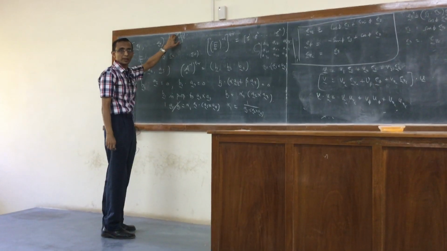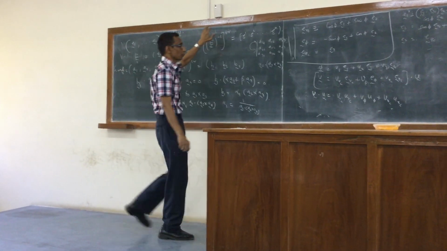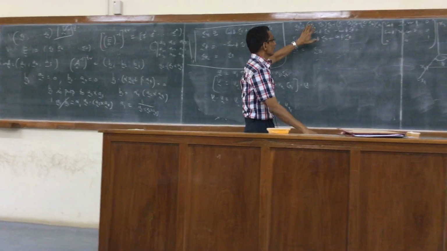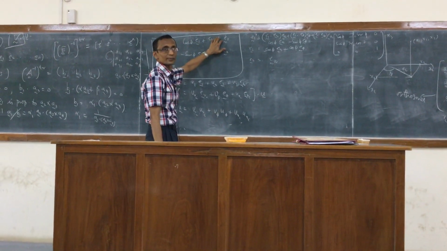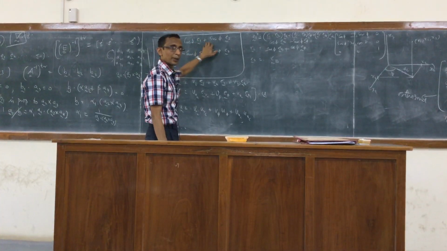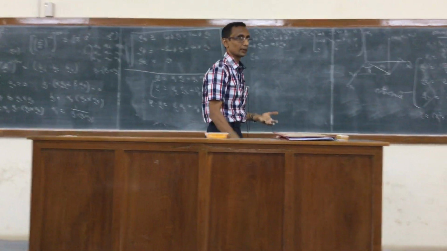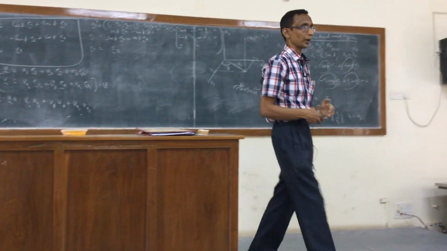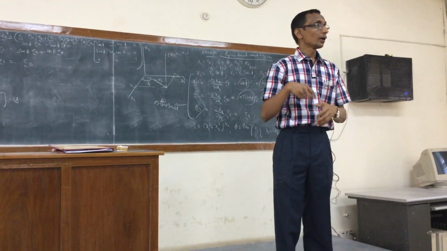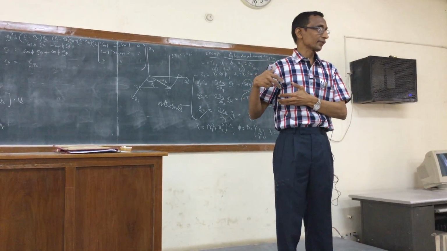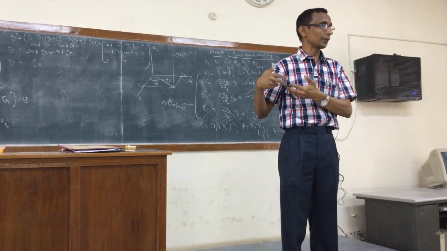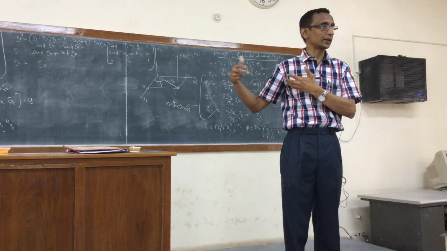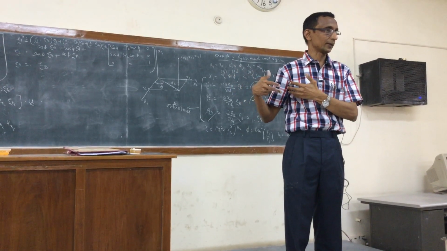The main problem will come because of the fact that the unit vectors themselves are dependent on the coordinates, and we expect the gradient operator will involve the derivatives in the cylindrical coordinate system, derivatives involving d by d rc, d by d phi, and d by d zc, right?